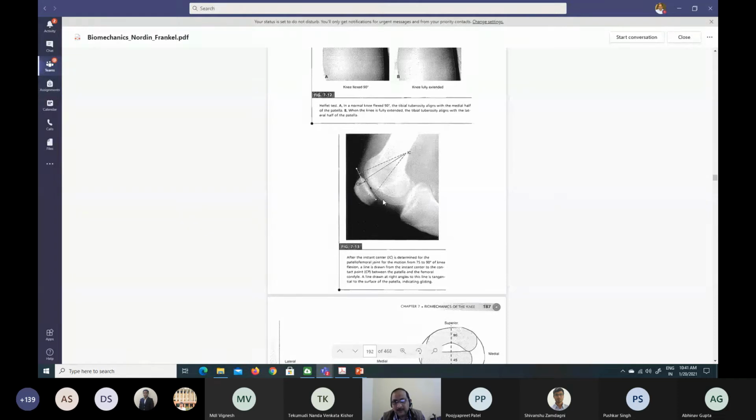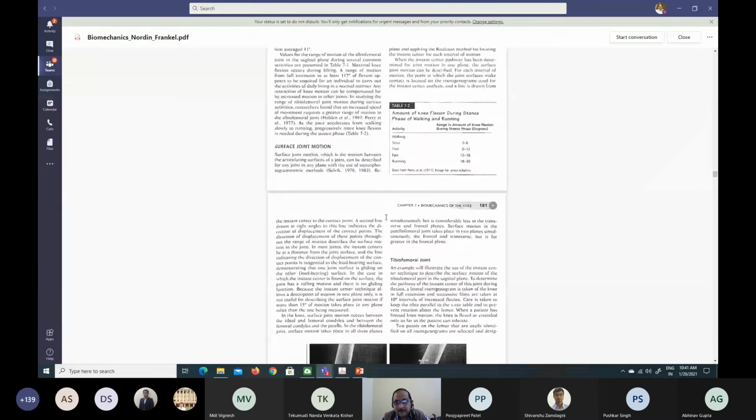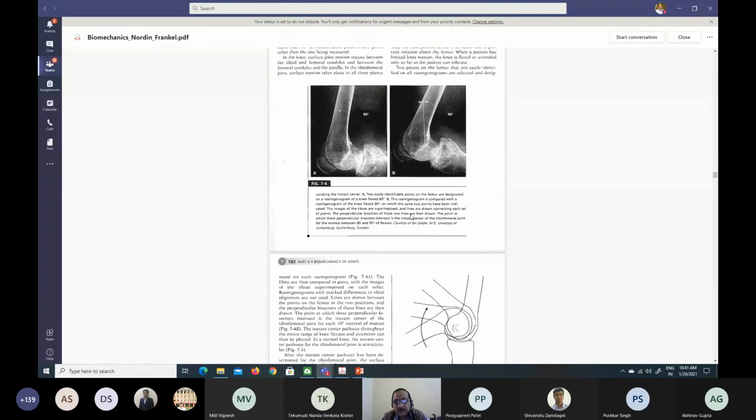Okay. Now here, what we actually do is consider movement of the points in the range of 10 degrees. Suppose we take a photograph and locate a marker or a point for say 80 degrees knee flexion.